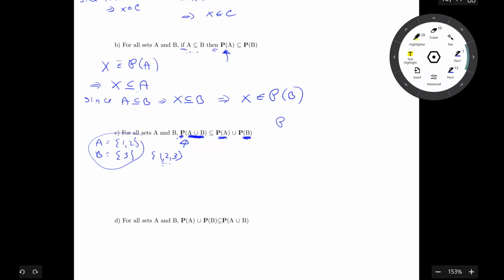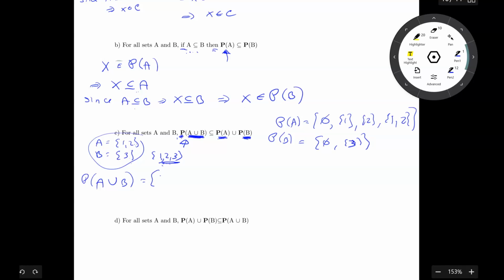Okay, so we can even just write them out. The power set of A with my example would have the null set, the set 1, the set 2, and the set 1, 2. The power set of B would have the null set and the set with just 3 in it. And if I wrote out what the power set of A union B is, that's conjoining all of the sets together.